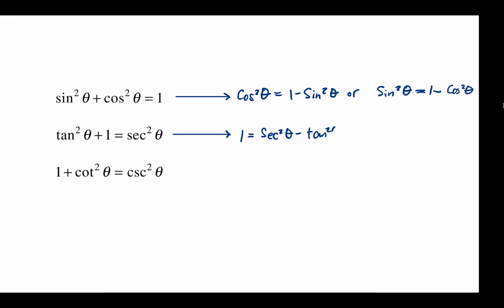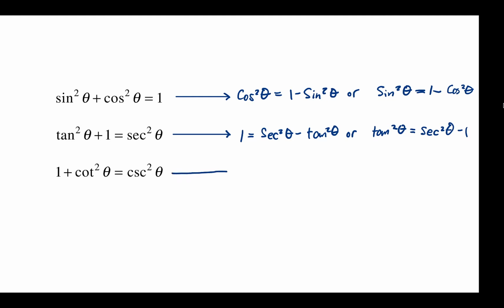Or you can isolate the tangent squared theta term, and that would be equal to secant squared theta minus 1. So there are a few different ways of doing that.